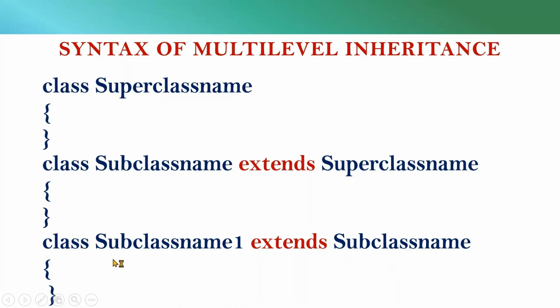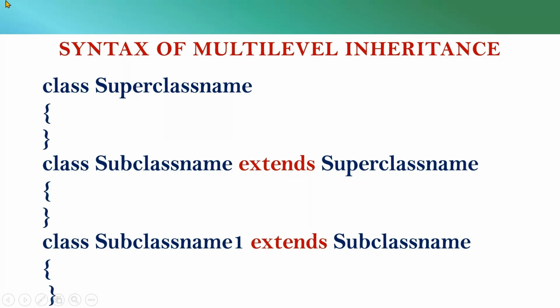If you can see the hierarchy, subclass 1 is extending the features from the subclass, and this subclass is extending the features from the superclass. So if you have these levels of inheritance where you have the possibility of deriving the features from another derived class, then that concept can be considered multi-level inheritance.